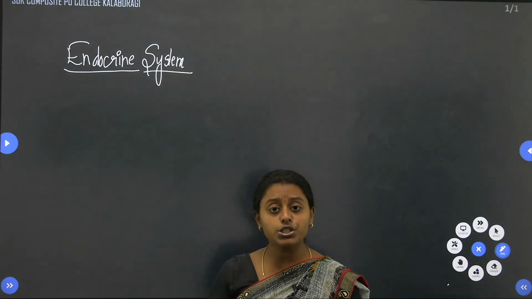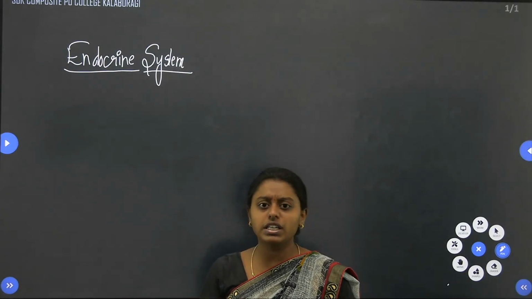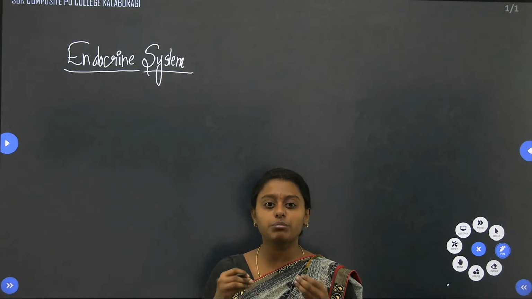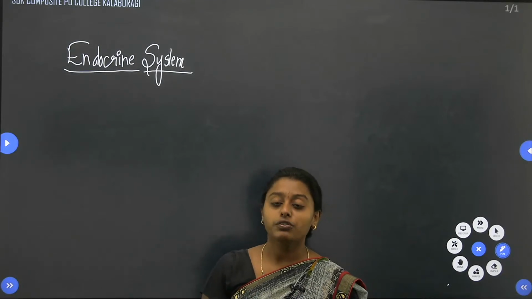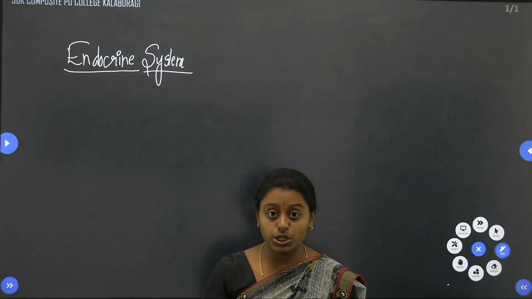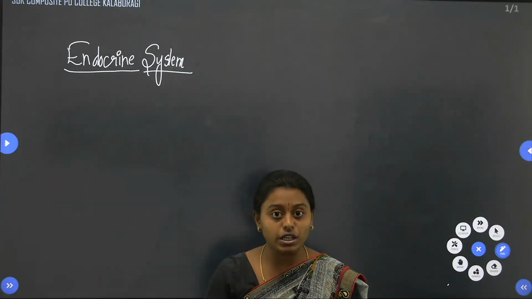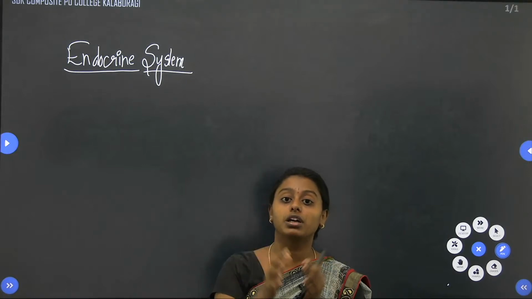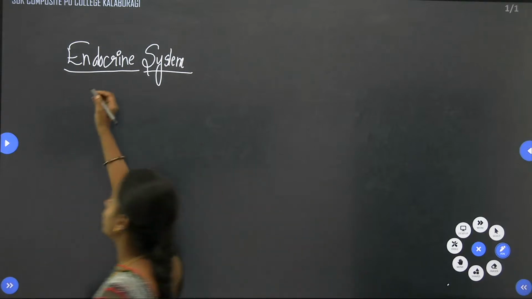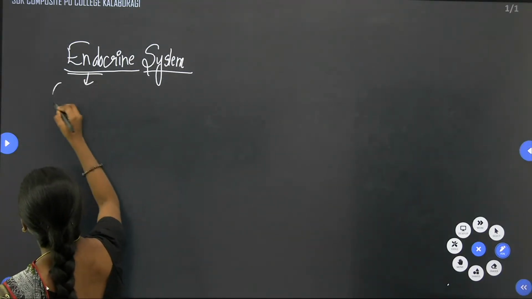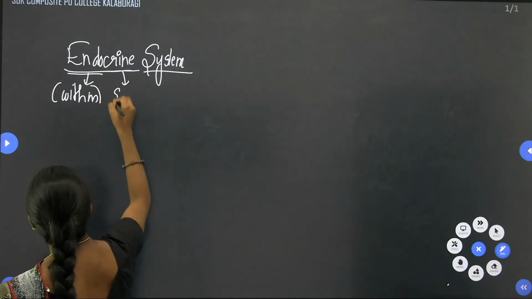So such communication between two adjacent cells within a particular tissue can be done by some chemical compounds that are secreted locally. Such a system, which involves communication not in the form of an electrical impulse but in terms of chemical compounds, we term as the endocrine system. Here the word endo refers to within, crine refers to secretion.